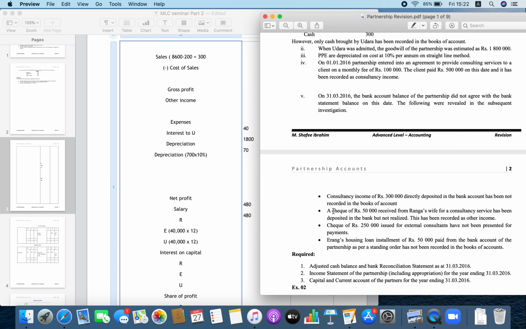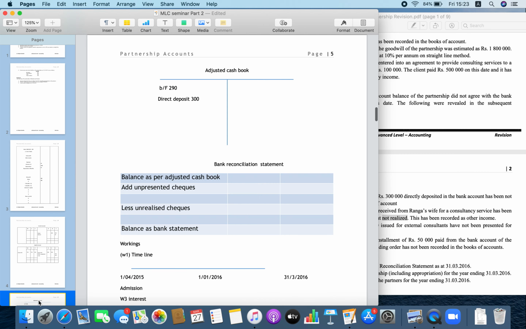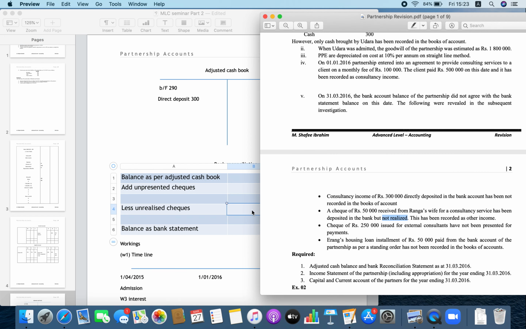That is done. Right, then guys, second adjustment, a check of 50,000 received from Ranga's wife as a consultancy service had been deposited in the bank and not realized. So if a check is not realized, in simple terms, it is an unrealized check. So you go and mark that over there. Unrealized, so that's now going to be 50,000.